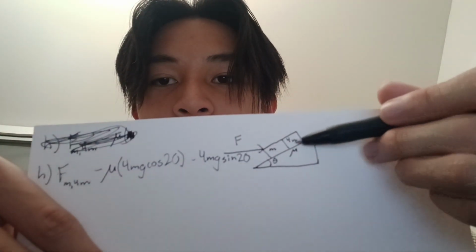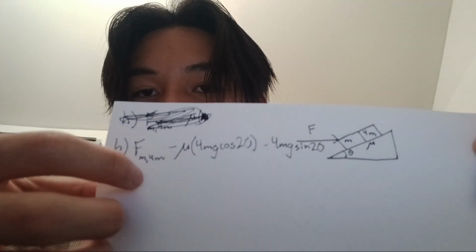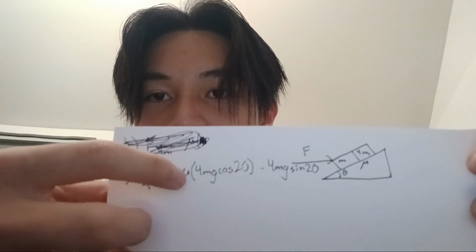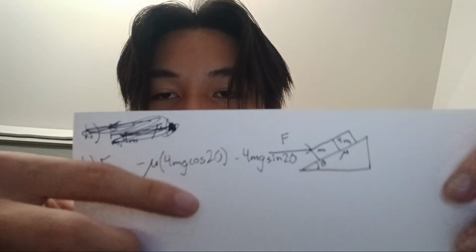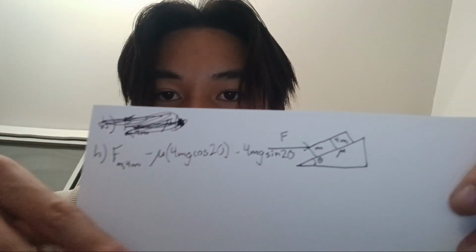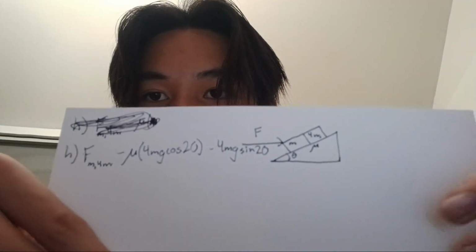This is the equation for the top box over here. Contact force, it's the only positive force, minus the frictional force, which is just mu times the Fn of that block, and then minus 4mg sine 20, which is the gravitational force trying to pull it down.